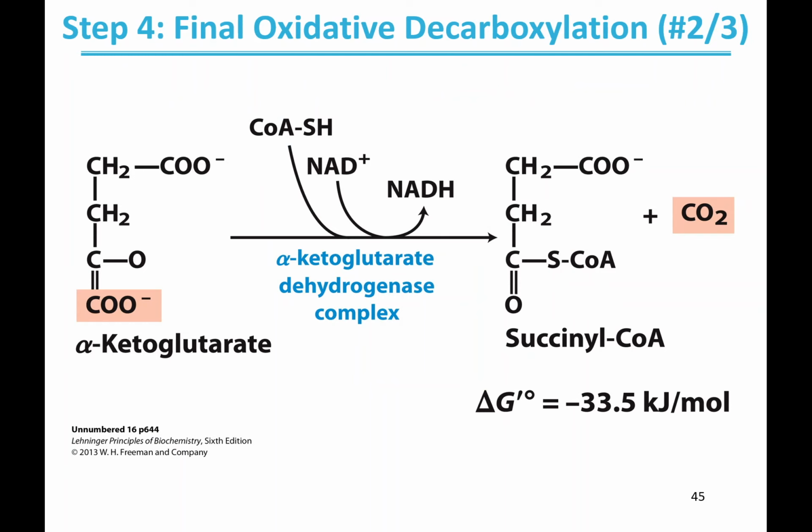Step 4 is the final oxidative decarboxylation, where we have alpha-ketoglutarate, shown here in the enol form. That is oxidized, and a CO2 group is lost, and it forms succinyl-CoA.